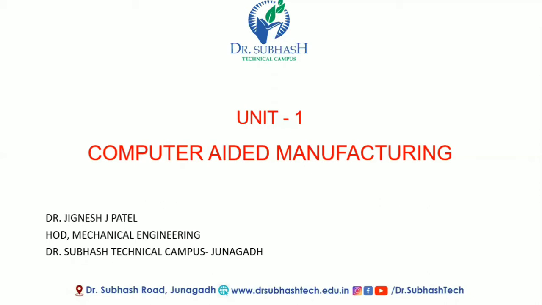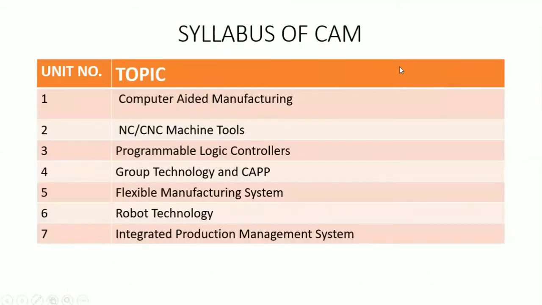Okay, now let us first see, in this subject, the different topics that you have to learn during the semester. As per the syllabus of the Gujarat Technological University, the different topics in this subject are: Unit number 1 is computer-aided manufacturing, in which we will learn about the meaning of CAM, scope of CAM, evolution of CAM, and computer integrated manufacturing.